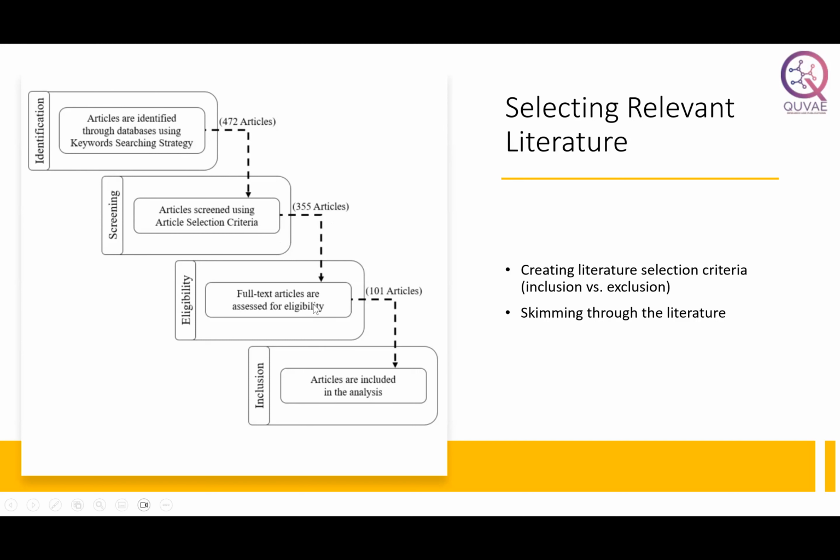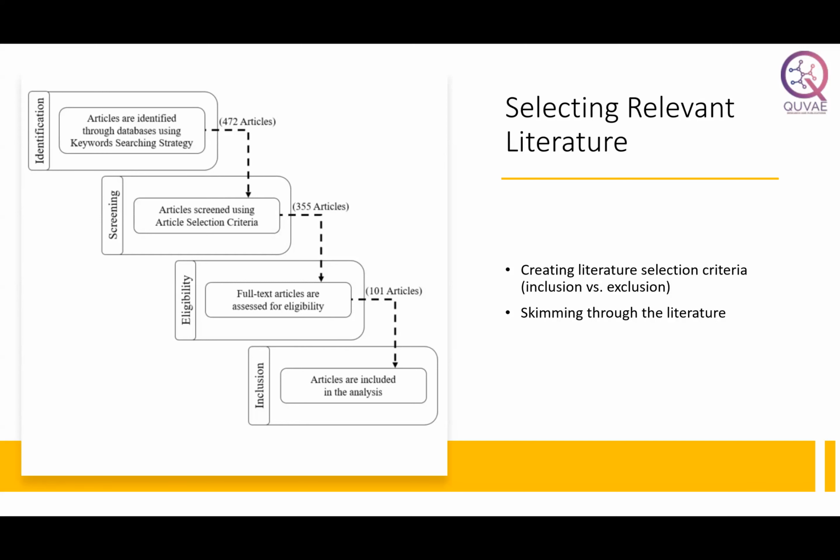Then you can skim through again based on quality assessment, and it can go lower. Based on this figure, I have 101 articles to assess to be included in the analysis.